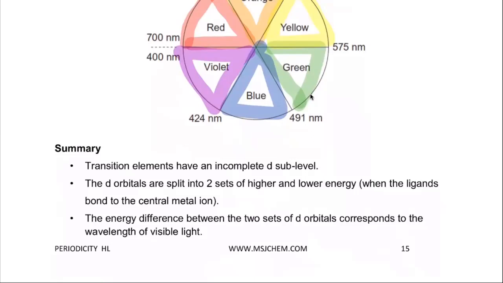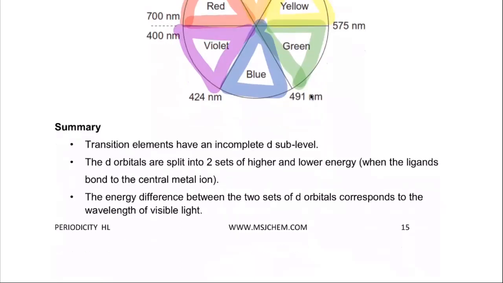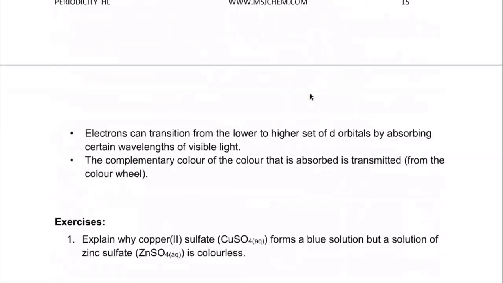And the energy difference between those 2 sets of the d orbitals corresponds to a wavelength of visible light. And so then what we see is the complementary color. So again, if I see yellow, that means it's violet light that's being absorbed in those nanometers. And that's basically what it summarizes up here, that the complementary color of what's being absorbed is what's transmitted from the color wheel. So you'll use that color wheel to figure out the opposite.